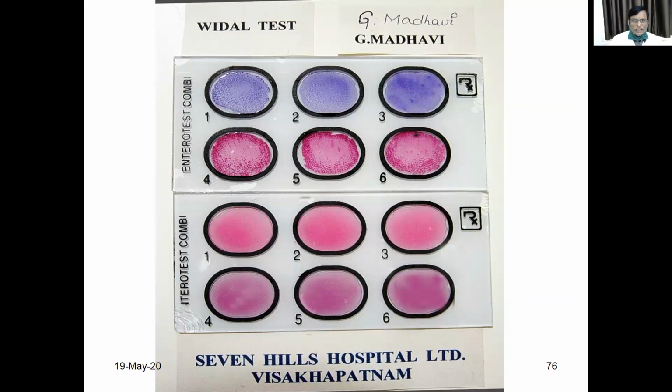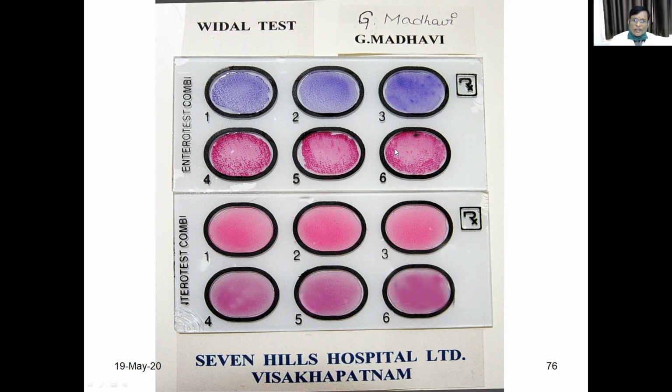From there, correspondingly, you will take 2-3 drops of that serum, and you will add 1 or 2 drops of antigen, and you will tilt either on the shaking machine, the VDRL shaker, or with your fingers for 1 minute. You will find agglutination, like what you find in blood grouping.